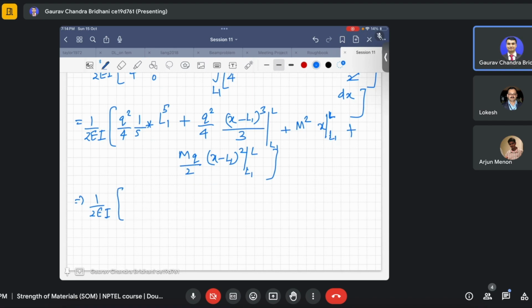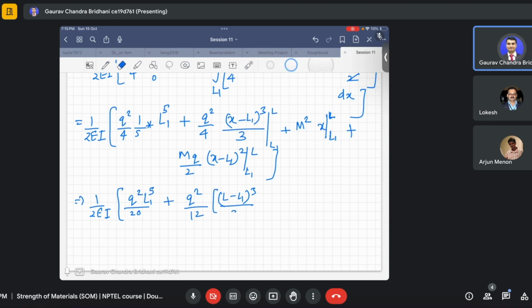So this will be q square by 20 L1 to the power 5, plus q square by 12 (L minus L1) whole cube. If you put L1 it will be 0, and if you put L it will be L minus L1. Plus m square (L minus L1), and plus m q by 2 (L minus L1) whole square, since at L1 it will be 0.